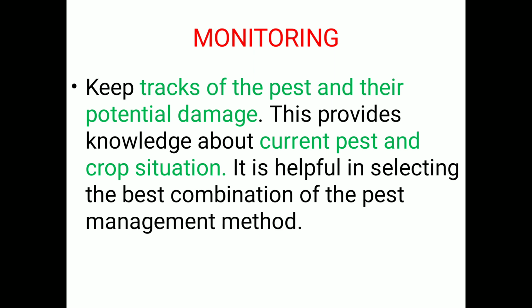That provides identification of the pest, and if you are able to identify which pest has occurred on which crop, then that knowledge provides the current pest and crop situation, and we can decide which exact control method or which exact combination of management strategy is to be used. So this is one of the most important tools of IPM.